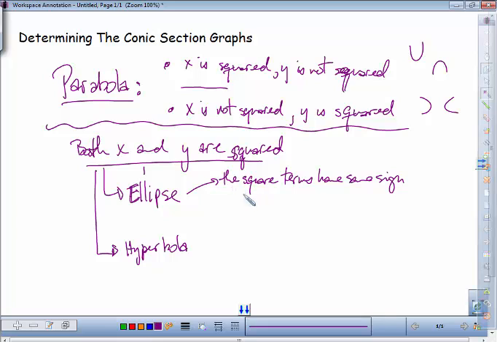And you can go even further. If the square terms have the same sign and same coefficient, then we have a circle.